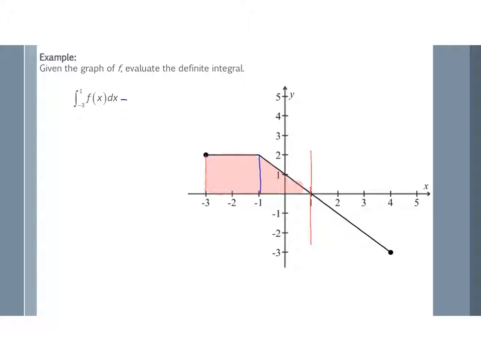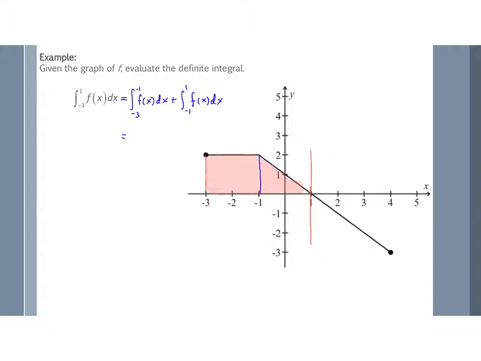So we can actually, rather than using a trapezoidal formula, we can break this up into the region that we've already found and then the triangle. So we can go ahead and say this is the integral from -3 to -1 of f of x dx plus the integral from -1 to 1 of f of x dx.